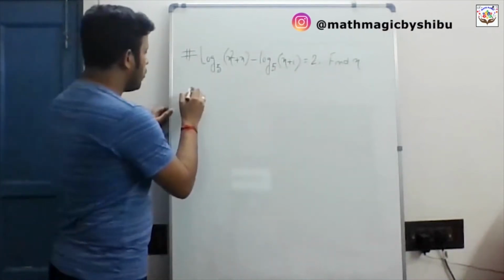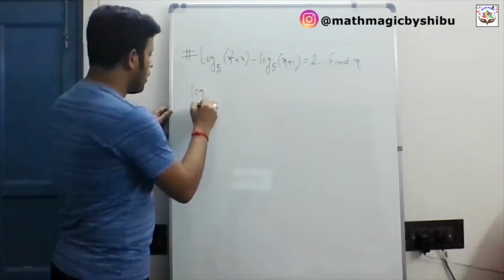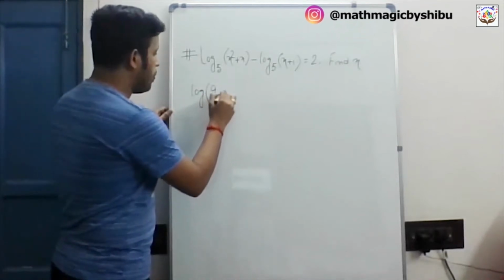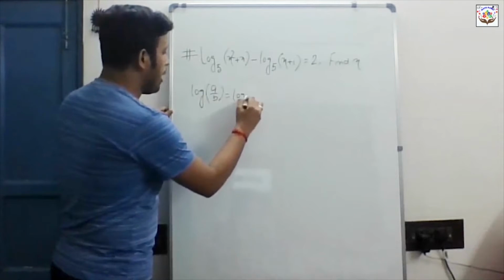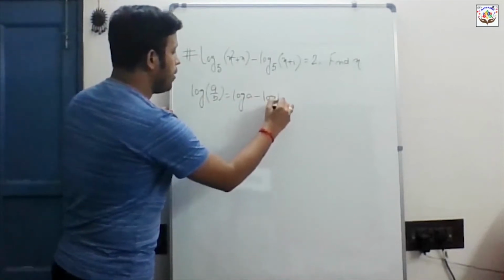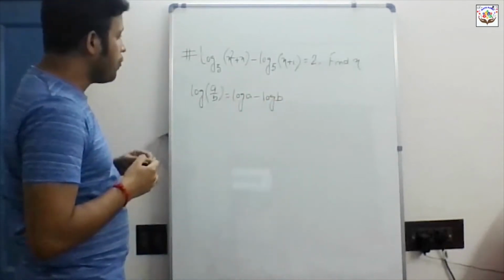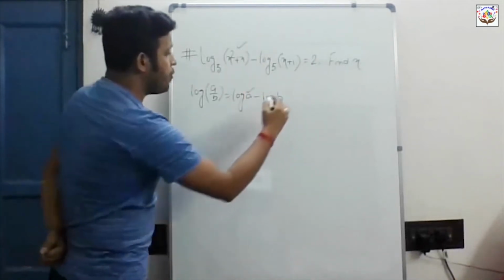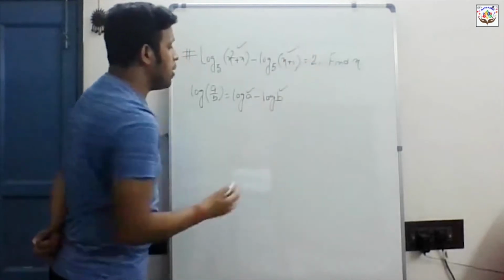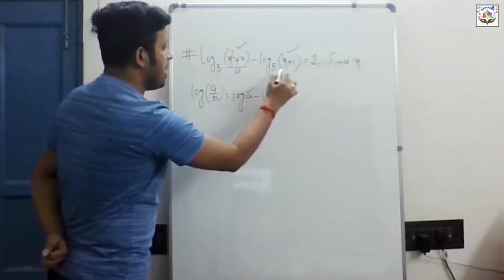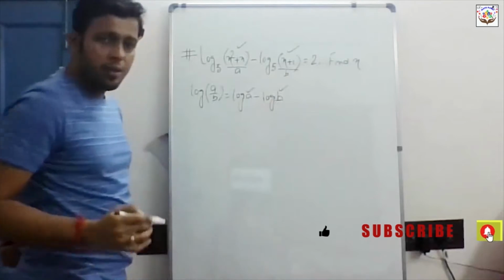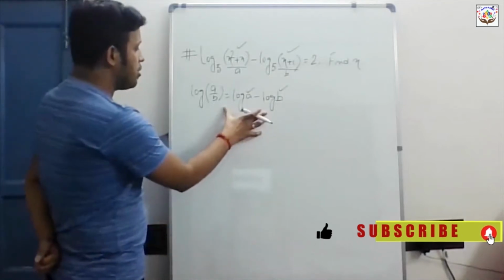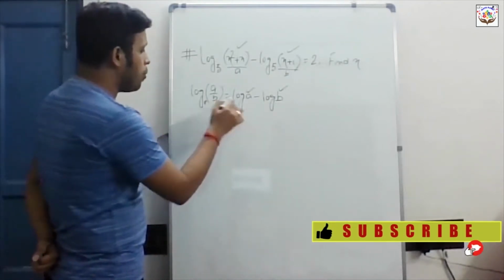As per the formula of logarithm, we know that log of a by b equals log a minus log b. If we assume a as x square plus x, and b as x plus 1, let's suppose there is a common base e.